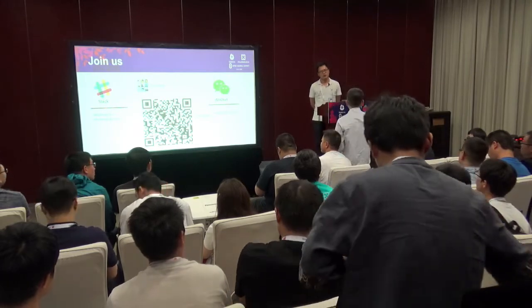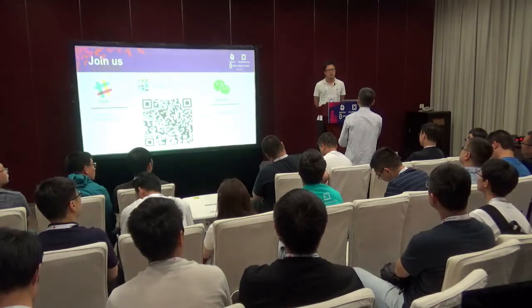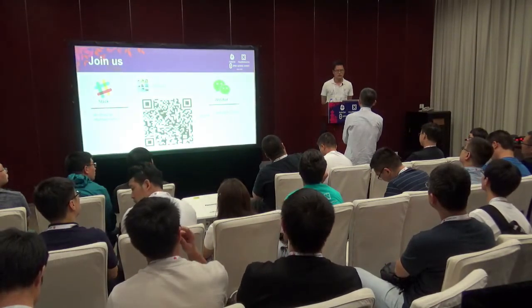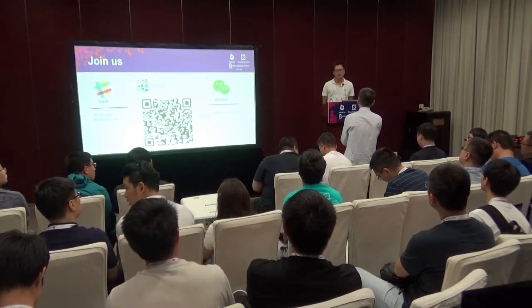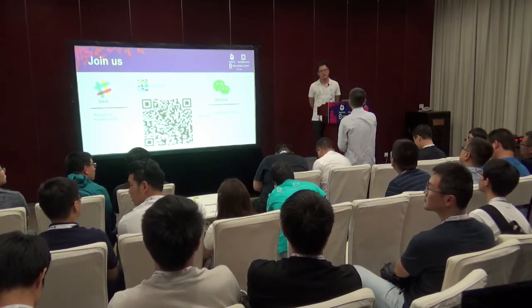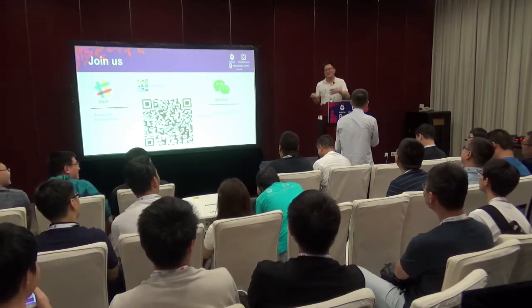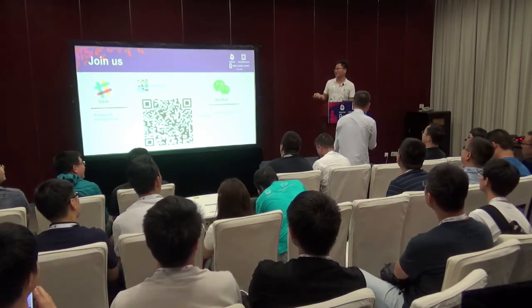No, it's automatic. As long as we add the node, then we run the Ansible, then there is a new machine. And it's automatic, right? Yes. Really? Yeah, you can try it. Okay, thank you.